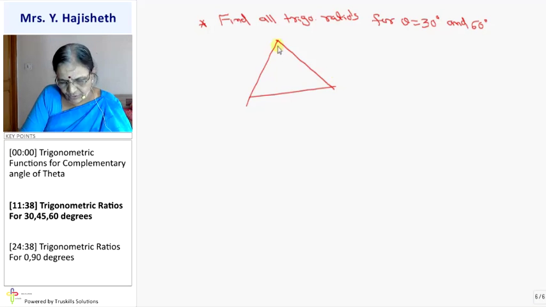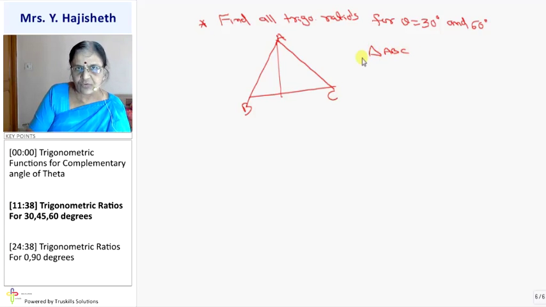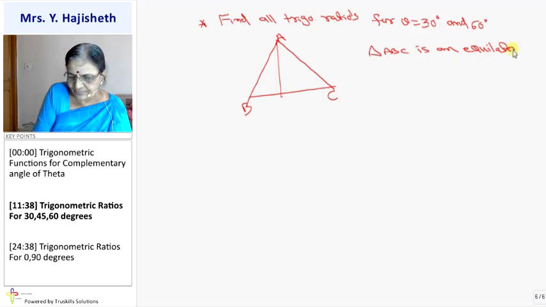And I draw perpendicular from vertex A. Triangle ABC, it doesn't look equilateral, but it is considered that it is an equilateral triangle. Triangle ABC is an equilateral triangle. For this proof, I should start with equilateral triangle with AB is equal to BC is equal to CA is equal to, I take length as 2A.